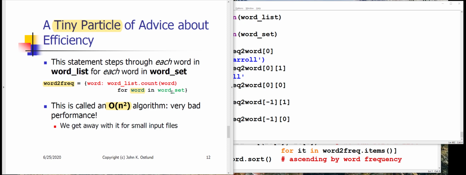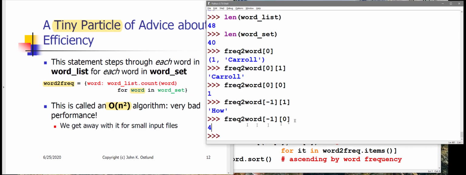Because let's suppose that there are n words in the word set. And let's suppose that the list of all the words is almost the same size as the word set. And in fact, we discovered that was true in our example. Our word list had 48 total words in it. 40 of those words were unique words.